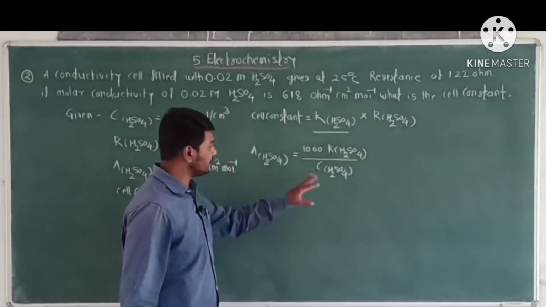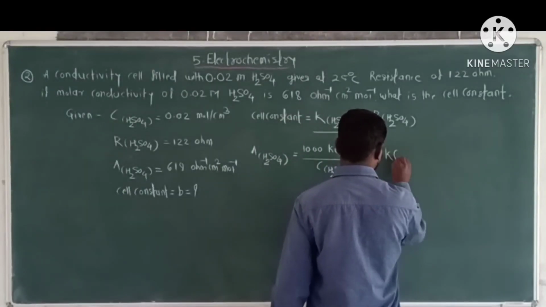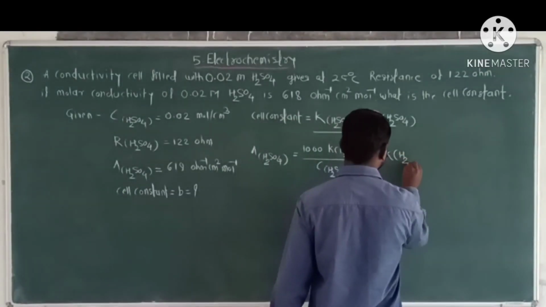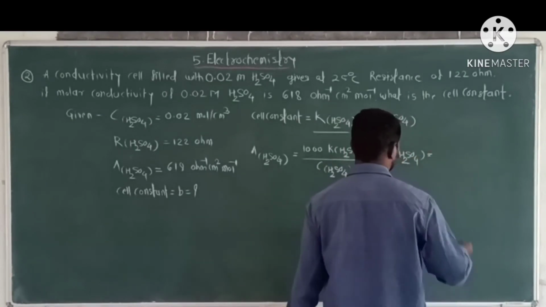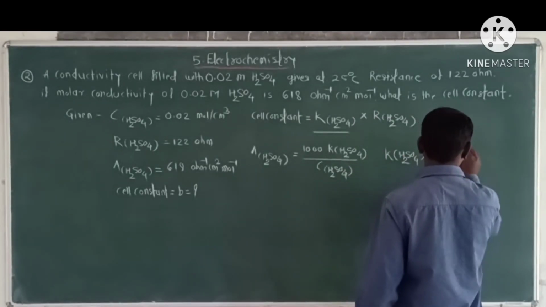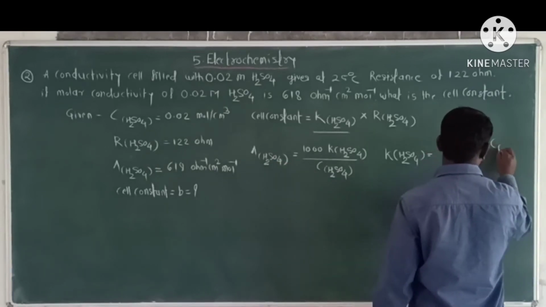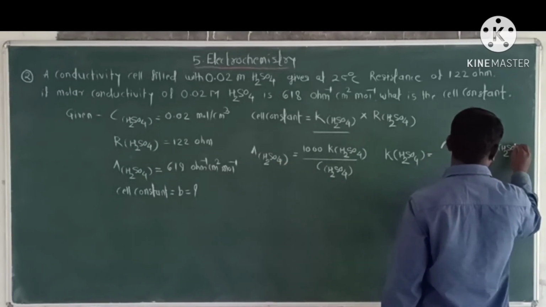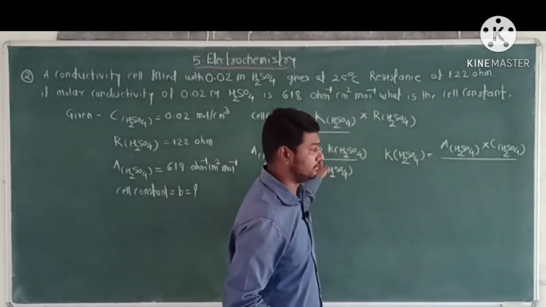Okay. Rearrange this equation. We get conductivity of sulfuric acid is equal to molar conductivity of sulfuric acid into concentration of sulfuric acid divided by 1000.